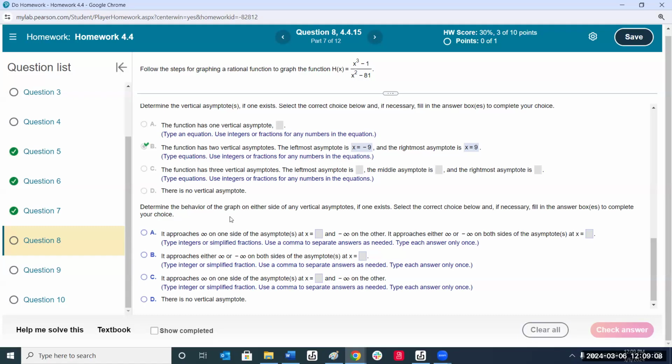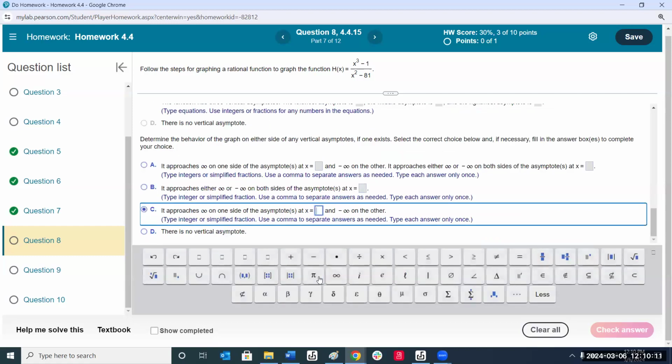Determine the behavior. So asymptote. Positive infinity on one side of the asymptote, okay, it goes opposite directions. -9, 9.